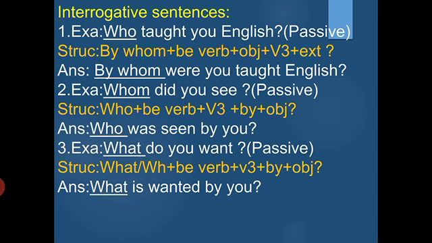In number 3, what do you want? Dear viewers, here you have to notice what is a WH question, and this rule will be followed for all the WH questions.